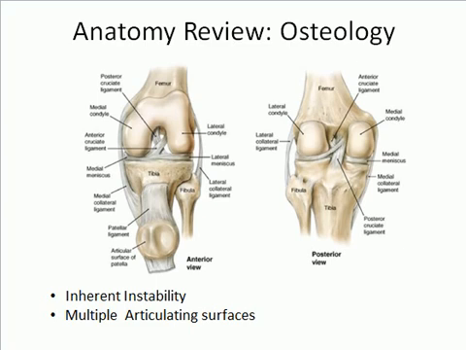So chondral injuries, meniscal injuries, those kinds of things are pretty common in the knee, and it's because of all that surface area that you move through. There are also a lot of articulating surfaces: a couple on the tibia, a couple on the femur, and a few on the patella. All those are covered with cartilage, so you can see why those types of problems may be more frequent in the knee than in other joints.